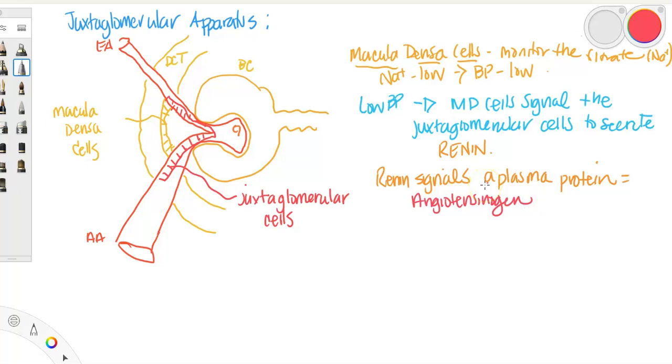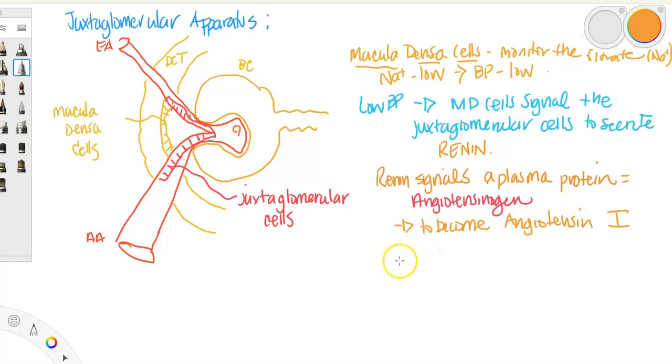This protein is always there, but it's not active yet. It's just floating around waiting for a signal. So renin signals angiotensinogen to become angiotensin 1.